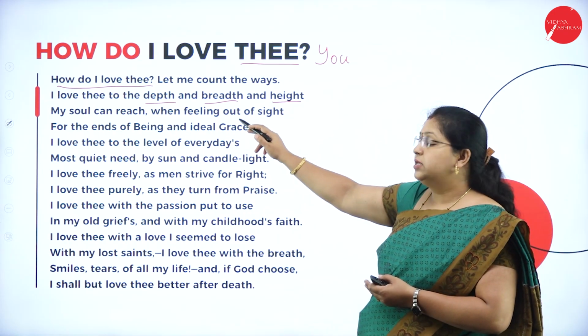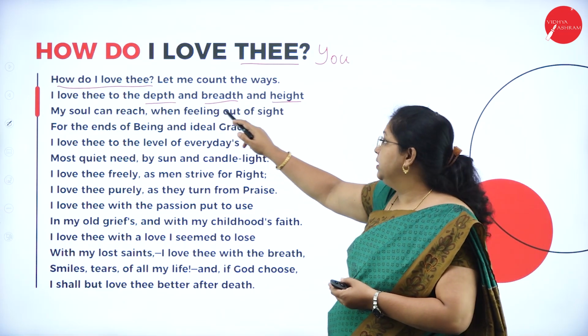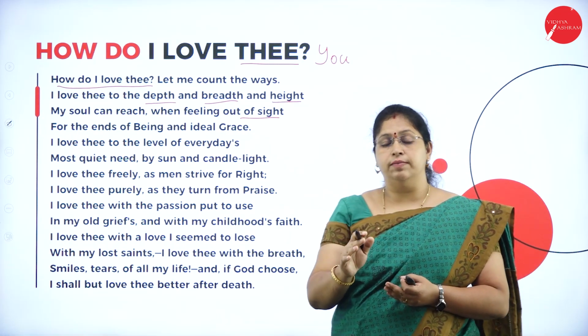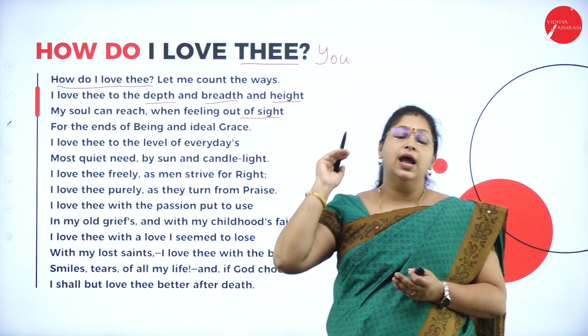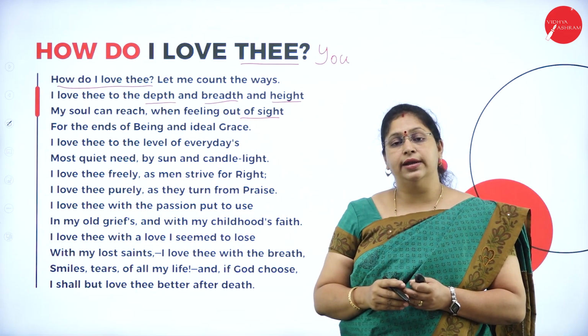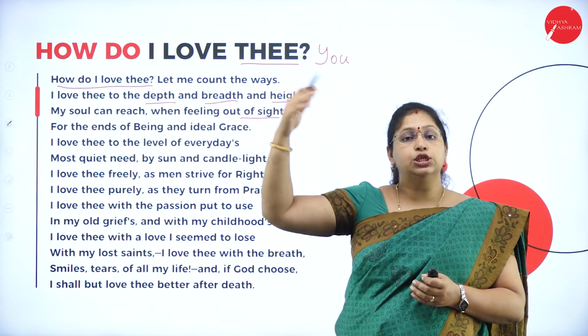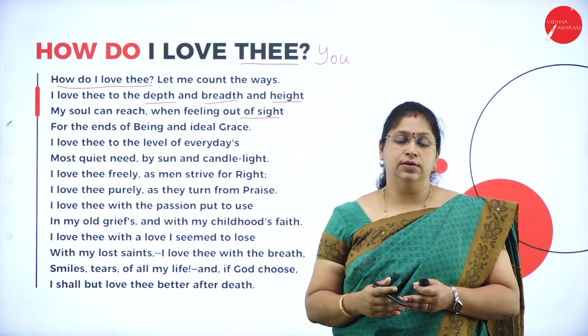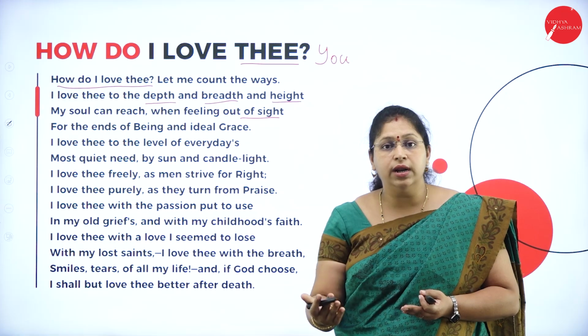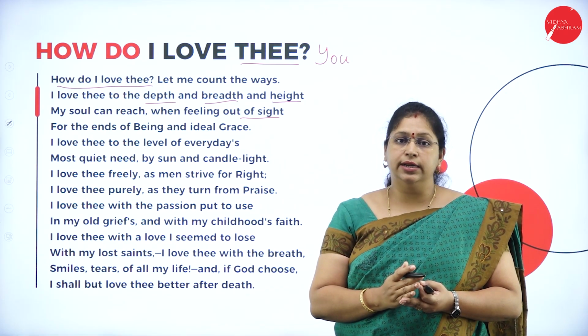So where does the soul reach? Until it is out of sight. She tries to look at the height where her soul can reach, but that is out of her sight. She cannot see, but still the soul can reach that height. It is beyond our vision.